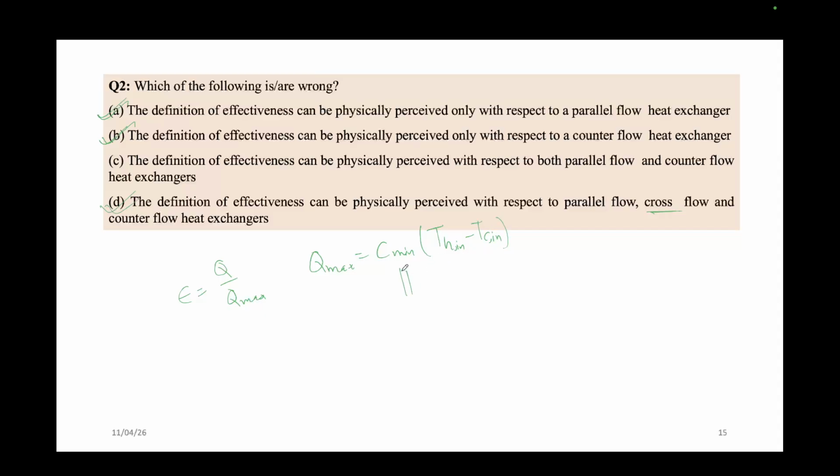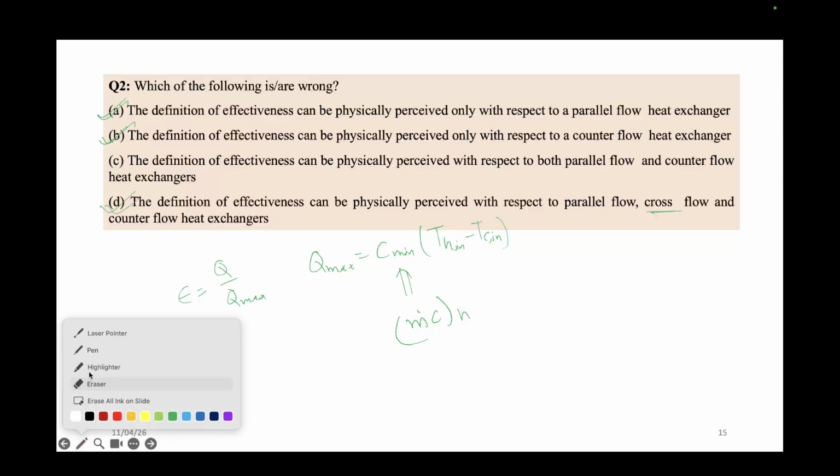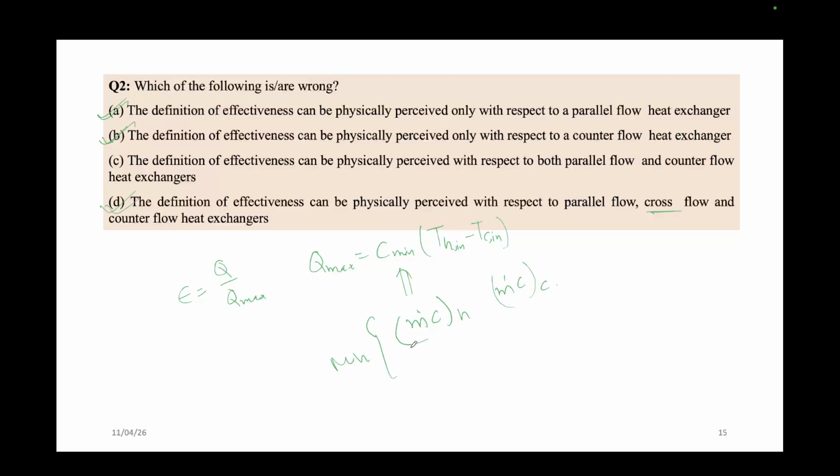So what is C min? C min means your m dot C of the hot side and m dot C of the cold side. Which one is the minimum?